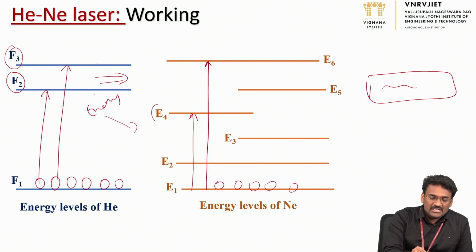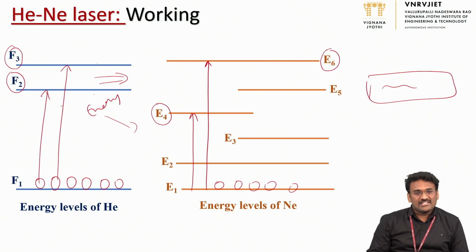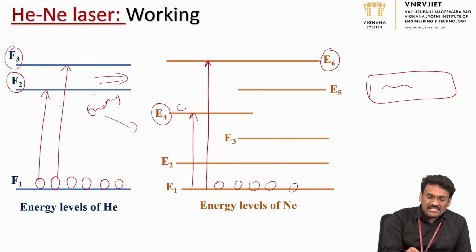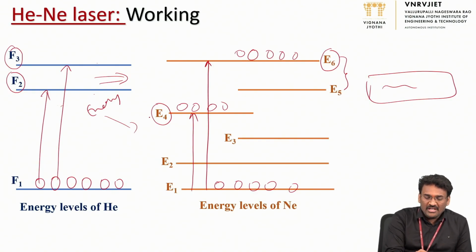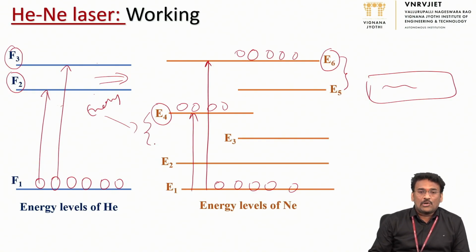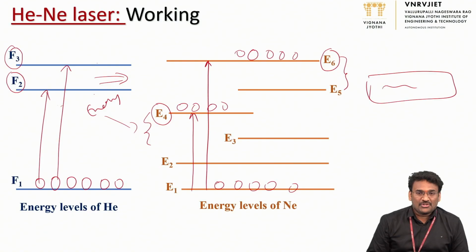Again, E4 and E6 are metastable states. The particles stay for a sufficiently long time. More particles accumulate in E4 and E6 states, and E6, E5 are under population inversion, and E4 and E3 are also under population inversion.